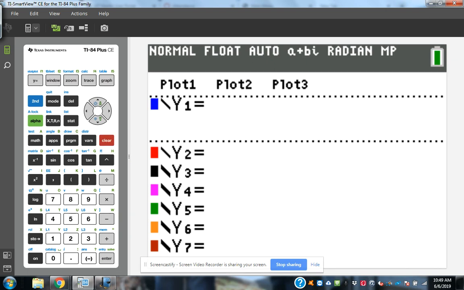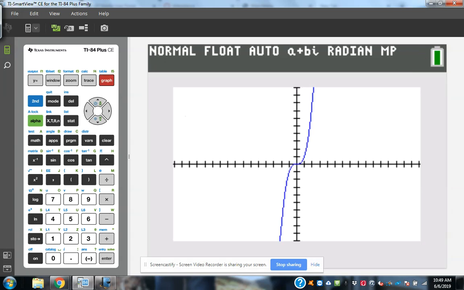So I'm going to hit clear to get rid of the squaring function. I'm going to type an x. I'm going to use the caret symbol, which is just underneath clear and above the division symbol. And then I want the third power, so I'm going to type a 3 right there. That's all I want. So I'm going to hit graph.